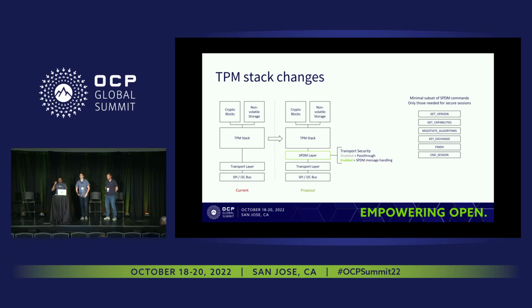The SPDM protocol as such is a 100+ page document, but we are going to standardize a minimal subset of commands required for this flow. So a TPM manufacturer, when it's standardized, will not need to implement the entire SPDM protocol. You could have something small. The minimal set is get version, capabilities, negotiate the algorithms, and key exchange to arrive at a session key, and that's pretty much it.